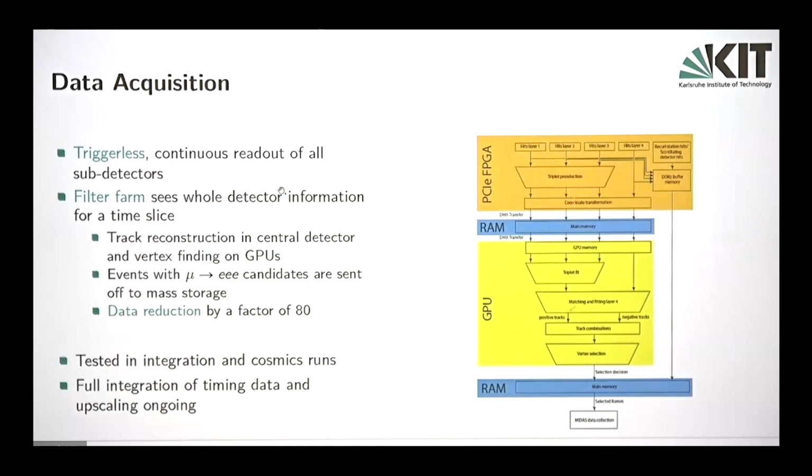So the data comes in, goes first a triplet fit, then a 4-hit fit, and then we do vertex selection. And if we have something that looks like a signal candidate, then we push it out and send it to mass storage. And this way we can reduce our data by a factor of about 80. So it's very important to do it this way.